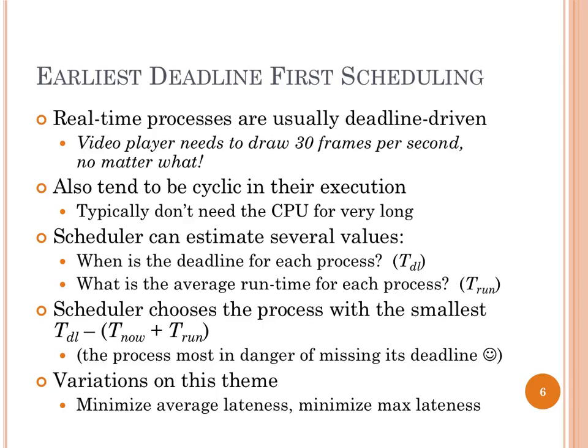Well, 40% plus 50% is 90%. Clearly, that should be schedulable, right? So it turns out that in a real-time scheduler with static priorities, you can't always schedule all of the real-time processes, even if the total CPU utilization adds up to less than 100%, which is weird.